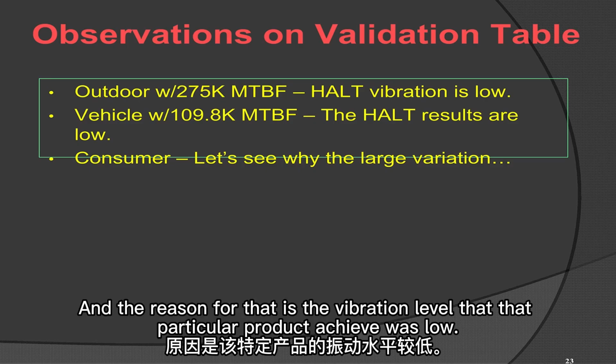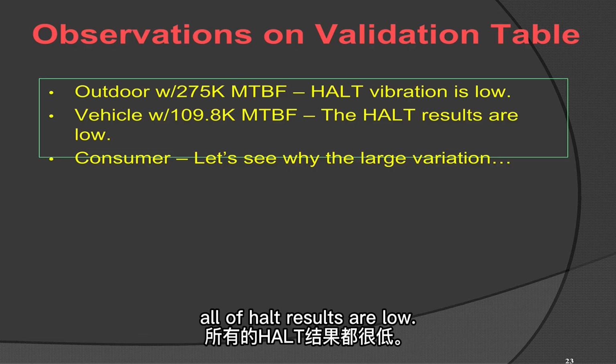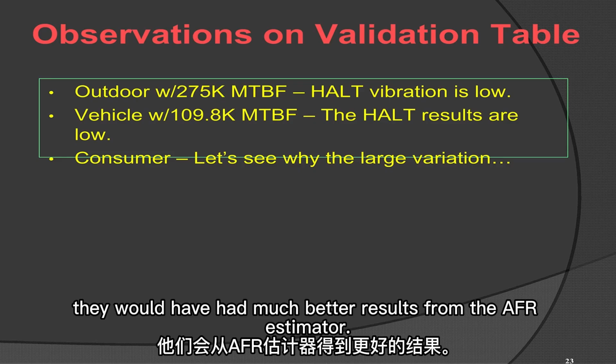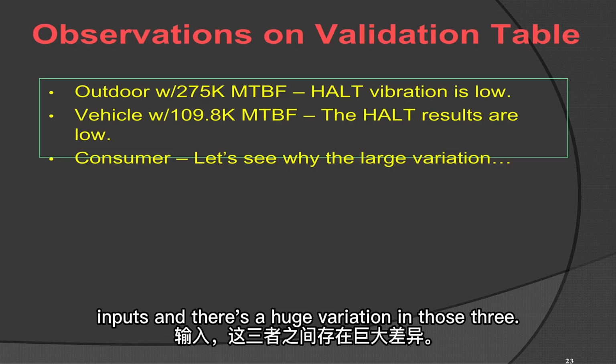The reason is the vibration level that particular product achieved was low. Likewise, for the vehicle product of 109.8 thousand hours of MTBF, all of the HALT results are low. So had the engineer doing that HALT pushed the products more, they would have had much better results from the AFR estimator. Now there's one towards the bottom of the chart that has 3 different inputs, and there's a huge variation in those 3.